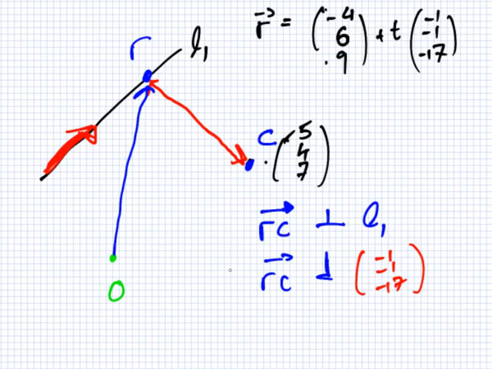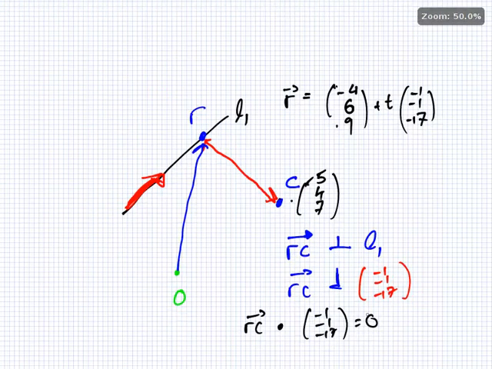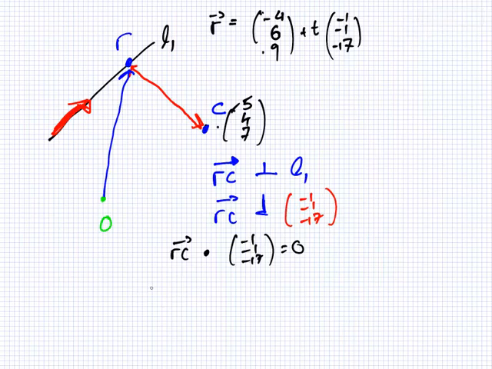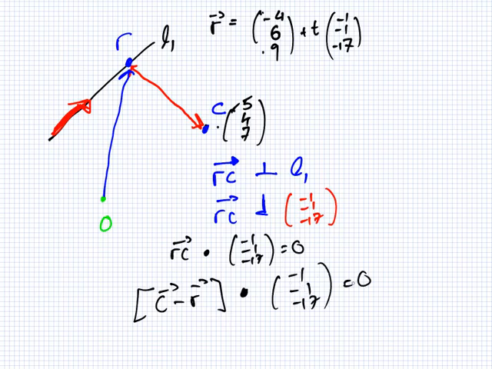It's 0. But what is the vector OR C? What's the formula for OR C? C minus OR. Dot (minus 1, minus 1, minus 17) equals 0.